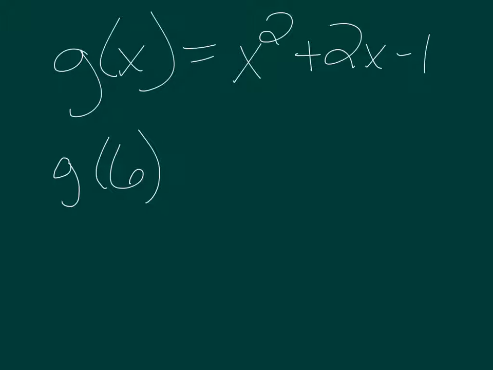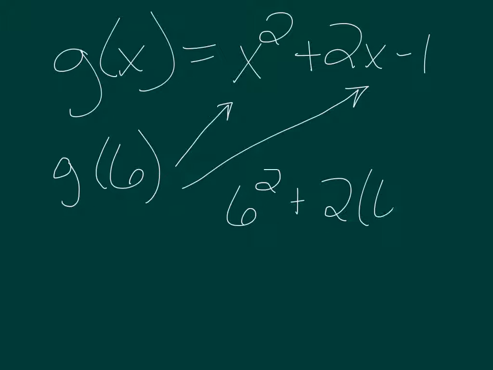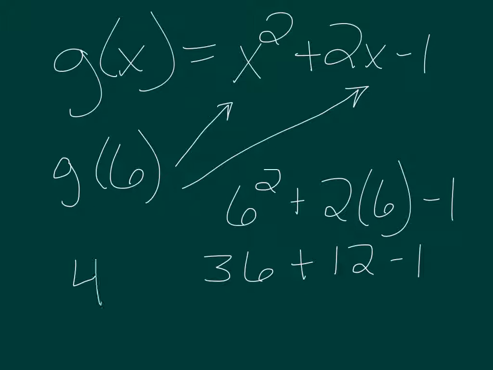We take this 6 and plug it in for both of our x's in this equation. If I write that out, I get 6 squared plus 2 times 6 minus 1. Now I'll simplify this: 36 plus 12 minus 1. 36 plus 12 is 48, minus 1 is 47. So g of 6 would equal 47.